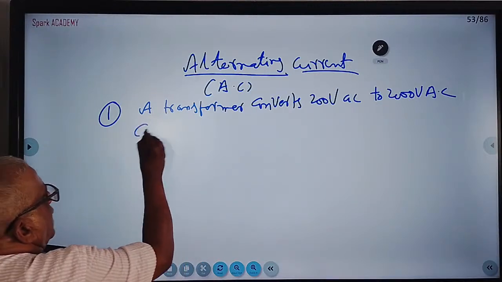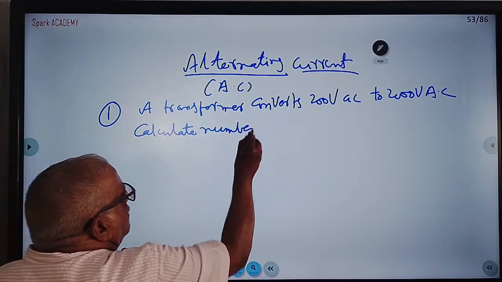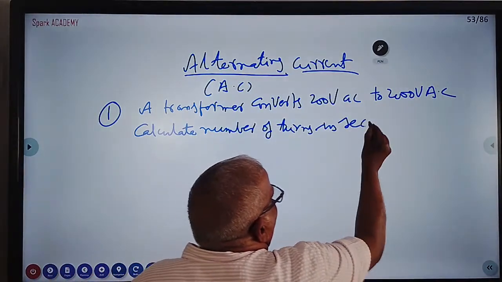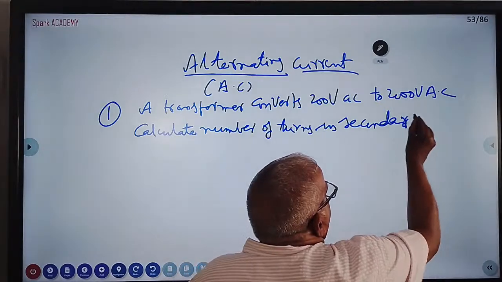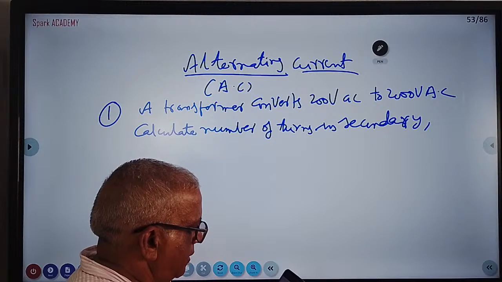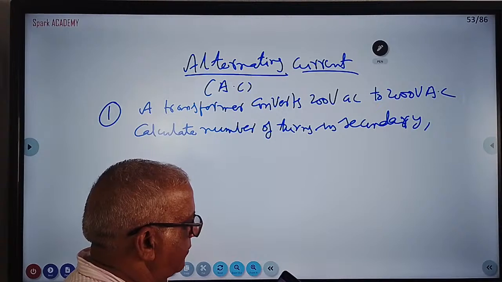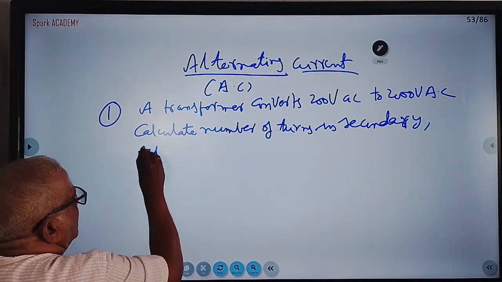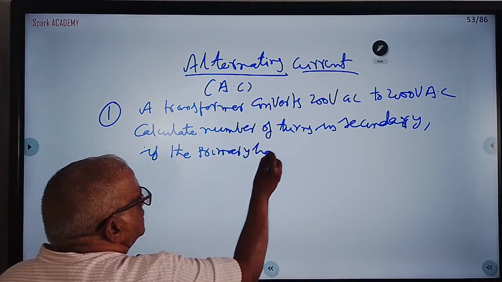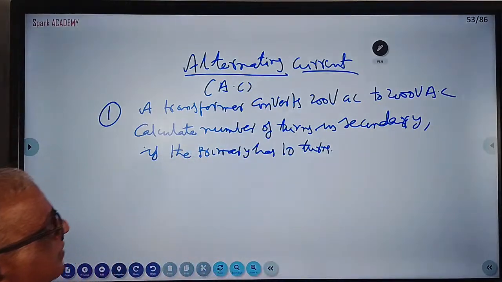Calculate the number of turns in the secondary if the primary has 10 turns. Students, this is a step-up transformer.